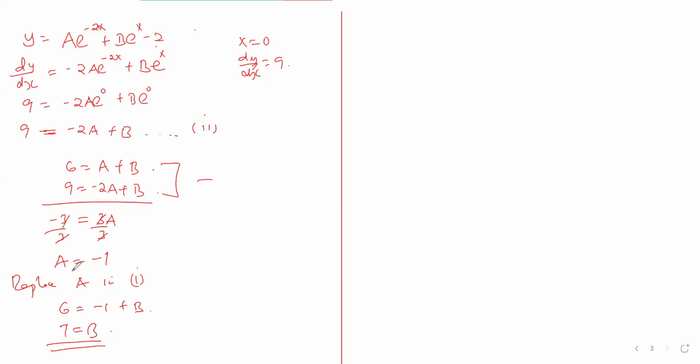So therefore, your particular solution in this case will be given by y equals, a is -1, so it is negative e^(-2x) plus, what is our b? 7 e^x, then -2.